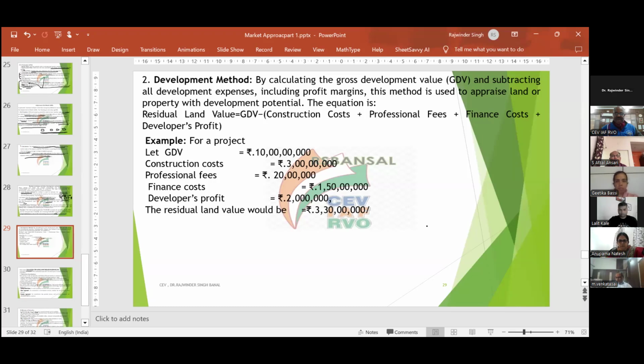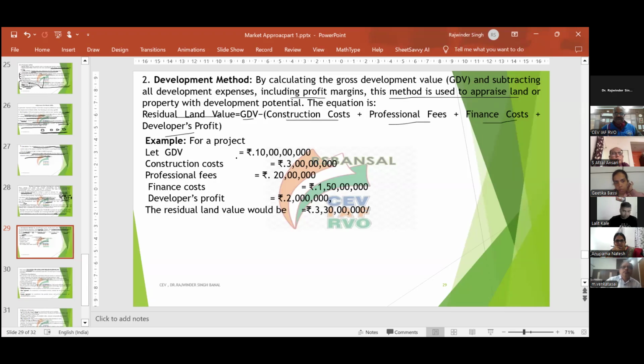So by calculating gross development value and subtracting all development expenses including profit margin, this method is used to price land with development potential. Residual land value is gross development value minus construction cost plus professional fees, financial cost and developer's profit.